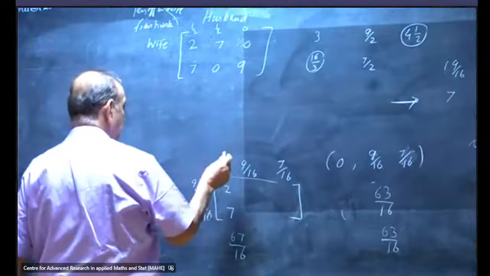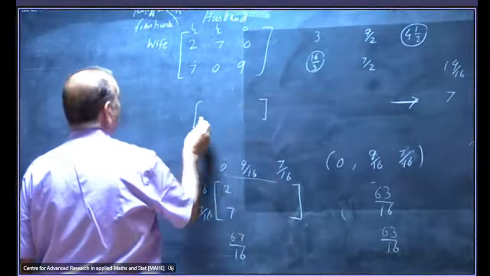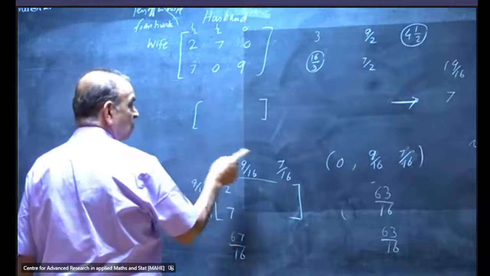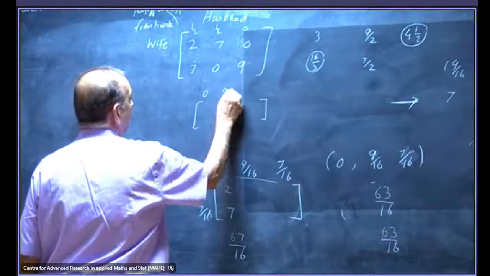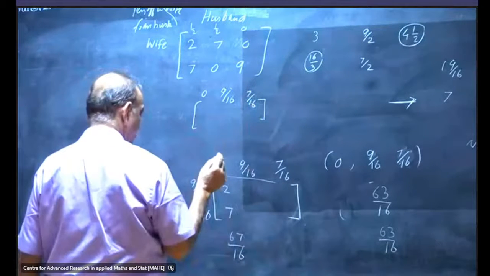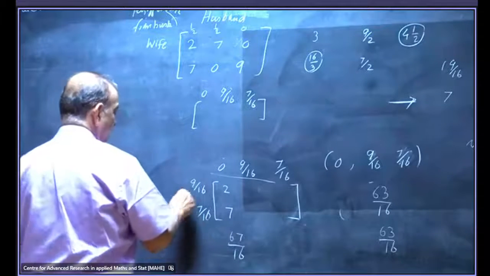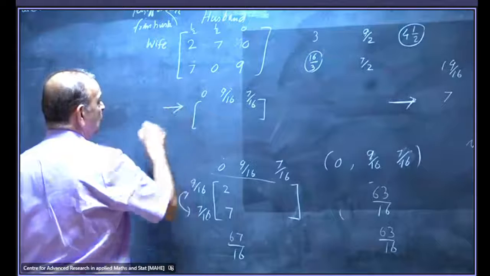Suppose instead of doing this, can she always choose the first row?